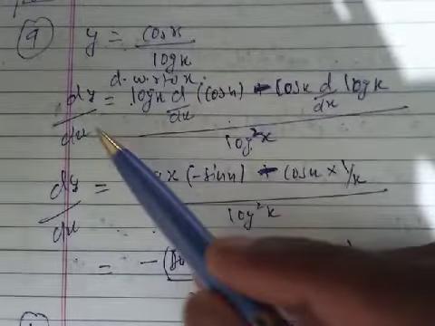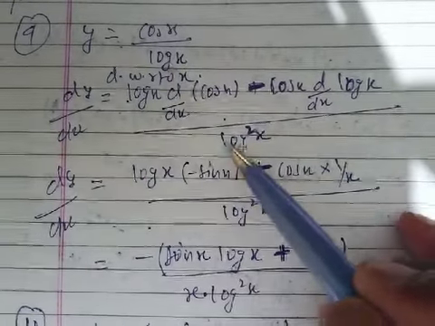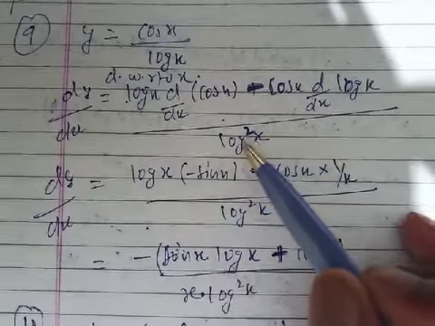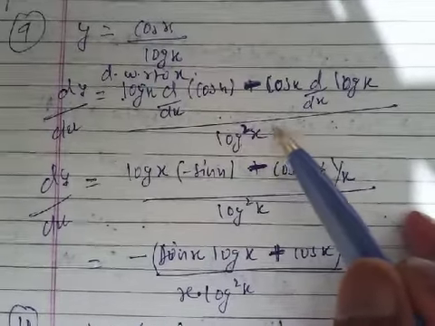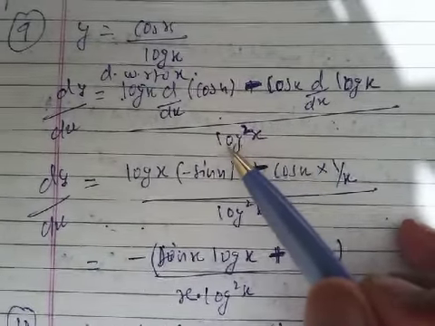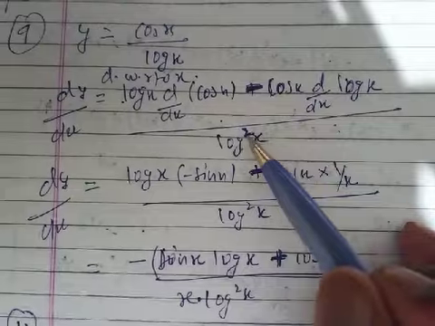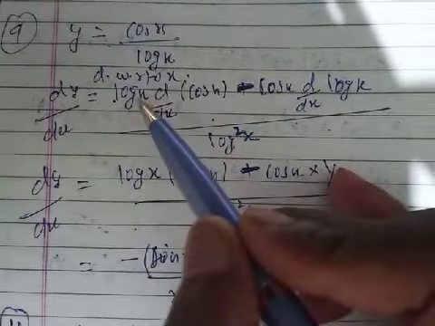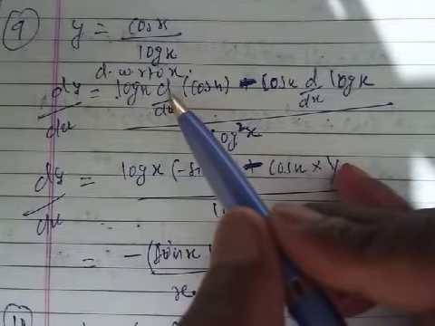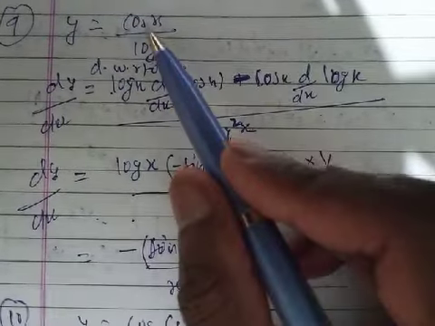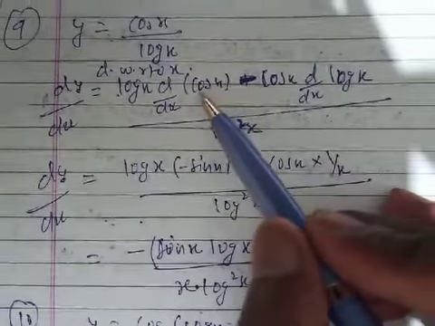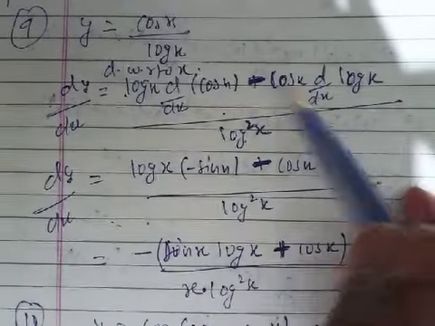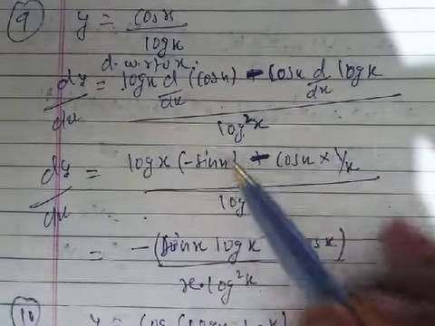So dy by dx is equal to log square x, or we can say log x whole square. It is the same. So log square x, then log x will go up as a constant, and we will take the derivative of d by dx of cos x minus, now cos x will remain constant and we will take the derivative of log x. See?